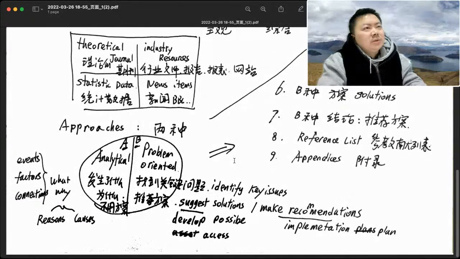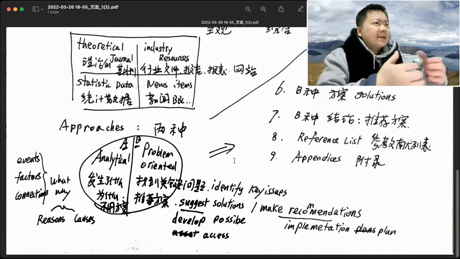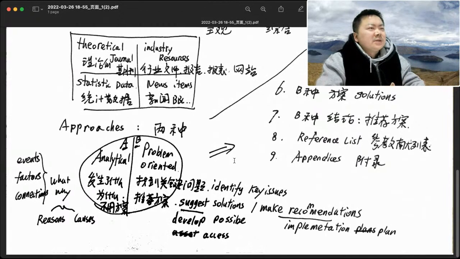There are two approaches to approach. Approach is getting closer, right? To approach a case study in front of me. One is to understand what the problem is and why, what are the causes and why, the reasons and the causes of the current events, factors, and connections.